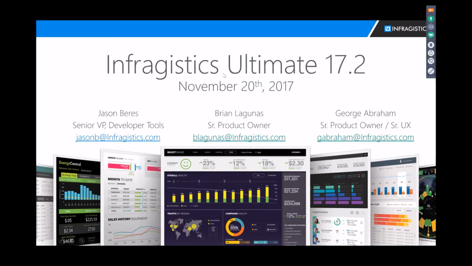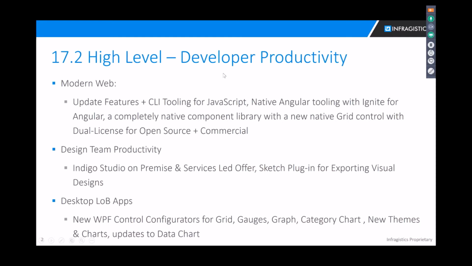So let's get into this and start talking about what 17.2 is all about at a high level. And really what we're focused on is developer productivity. As you saw in the releases earlier this year, what we talked about through our webinar earlier in the year, and what you're seeing come through in the blogs, we're really focused on delivering developer productivity across the board, across all of the toolkits in the suite.